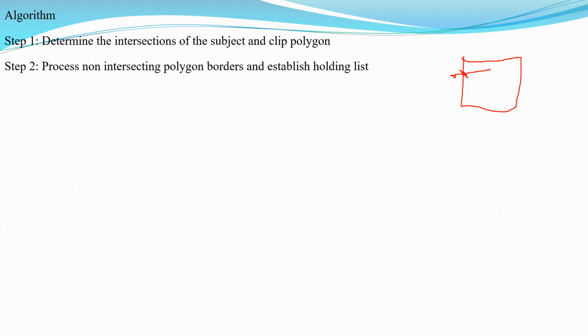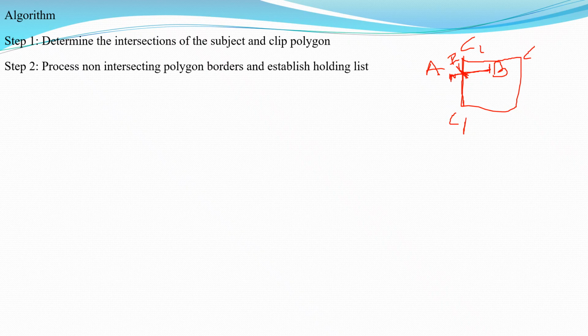The subject edge is AB, which is entering the window, so we take the intersection as the starting point and the end will be the B vertex. So here we take three sets of values: the vertices of the polygon, the intersections, and the clipping window vertices C1, C2, C3, C4.